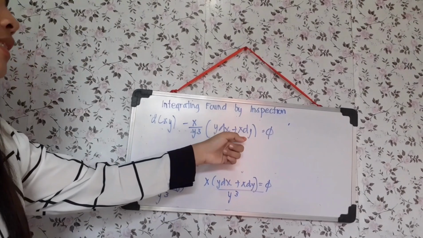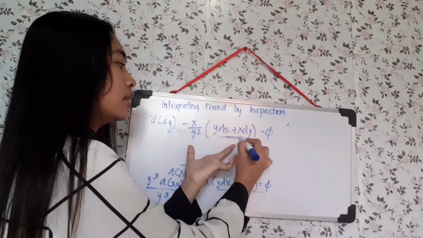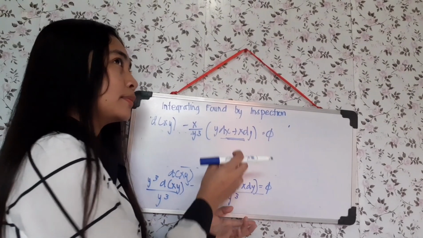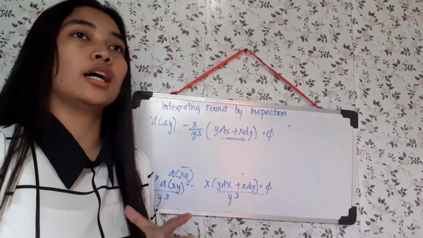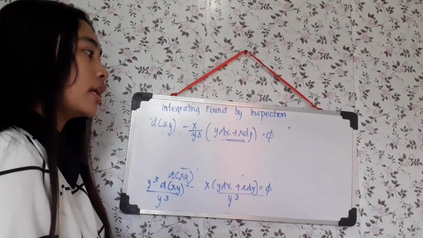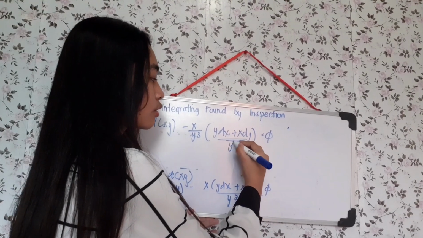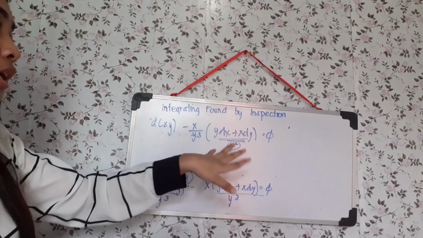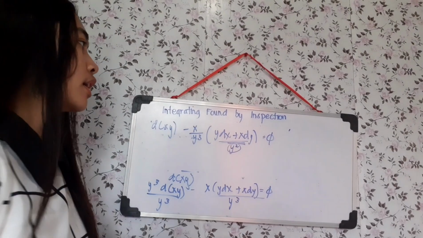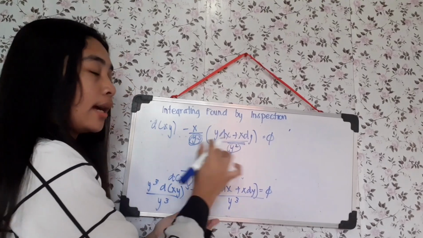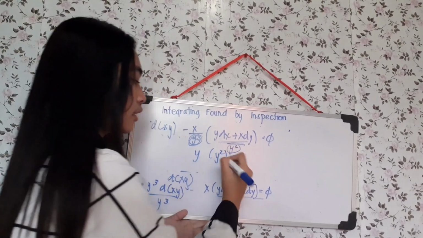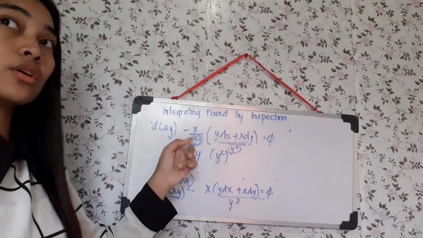So this given also looks familiar. It is also included in the formulas that I mentioned earlier, but y dx plus x dy has y squared here. Because there's no y squared here, we need to factor it out. So it becomes y times y squared, which is also equal to y cubed.